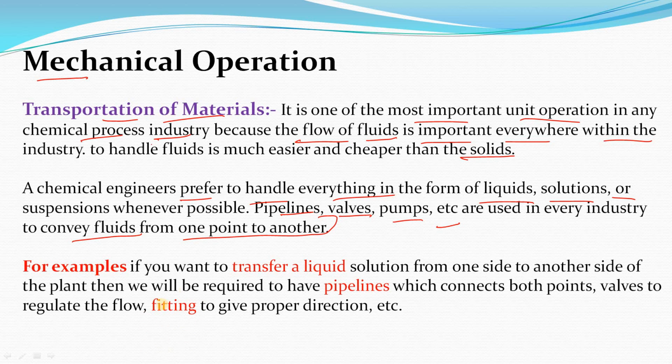For example, if I or you want to transfer any liquid or gas from one side of a plant to another, you will require pipelines which connect both points. The valves regulate the flow, and the fittings give the proper direction. This is an example of transportation of materials.